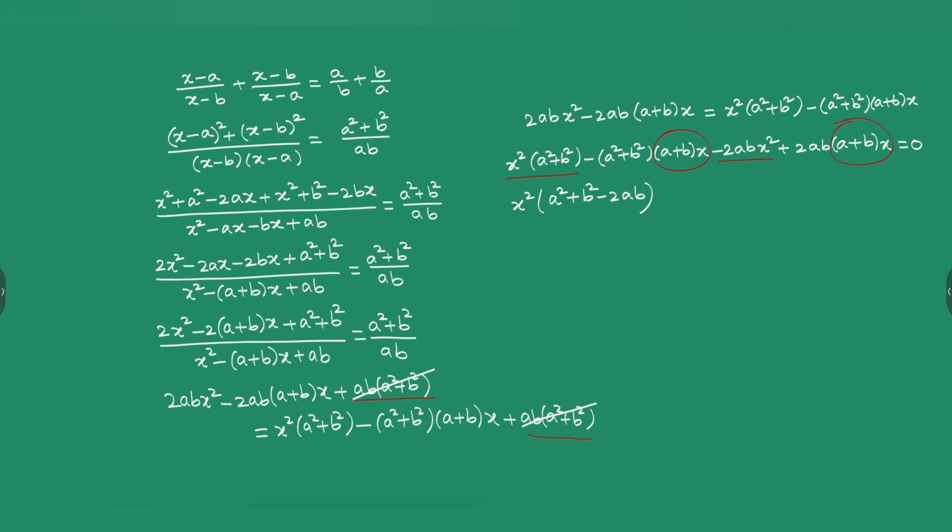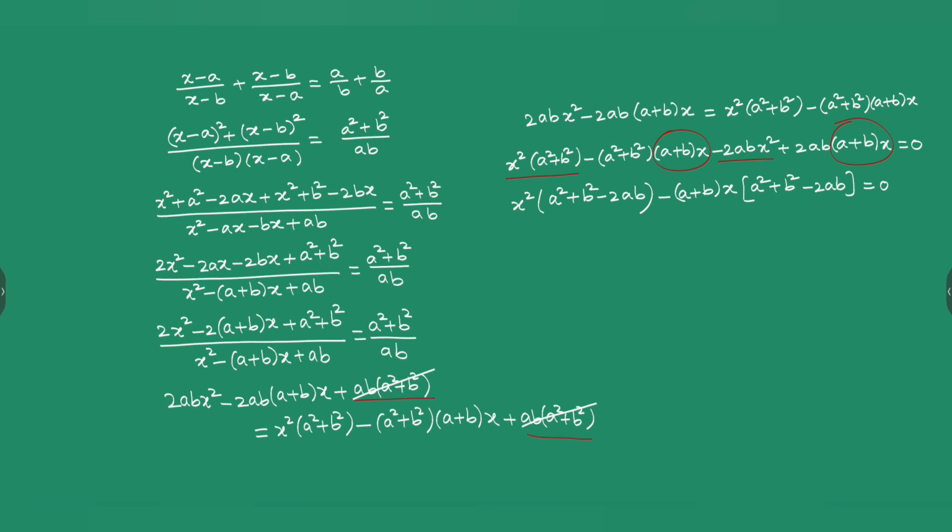So we take a plus b x common. So minus of a plus b into x, if you take common, inside the brackets will be a square plus b square. Because we took minus common, it will become minus 2ab is equal to 0.